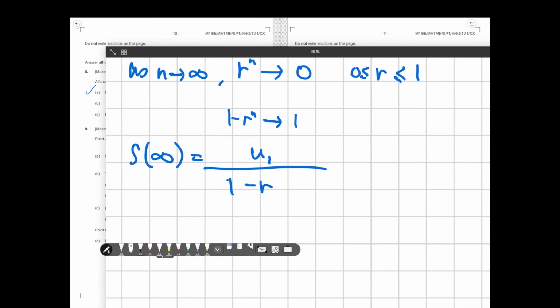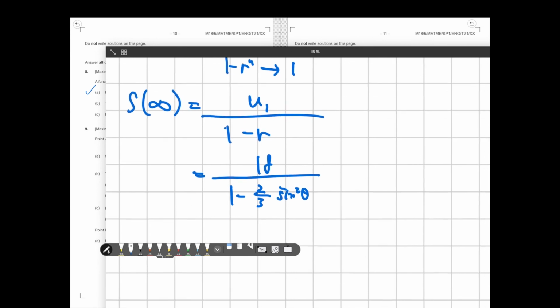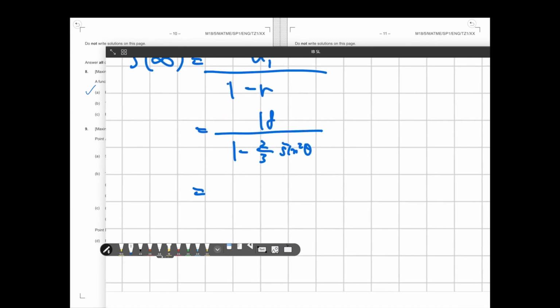So that is the formula, and we know U1 and also we know R, so we just plug in the values. So we can find it to be 18 over 1 minus 2 over 3 sine square theta, and then we can simplify this one.